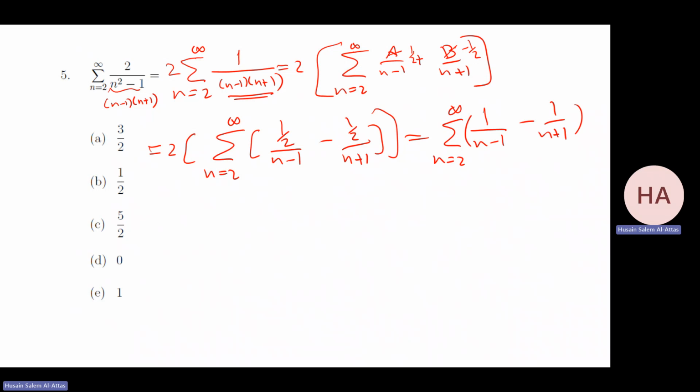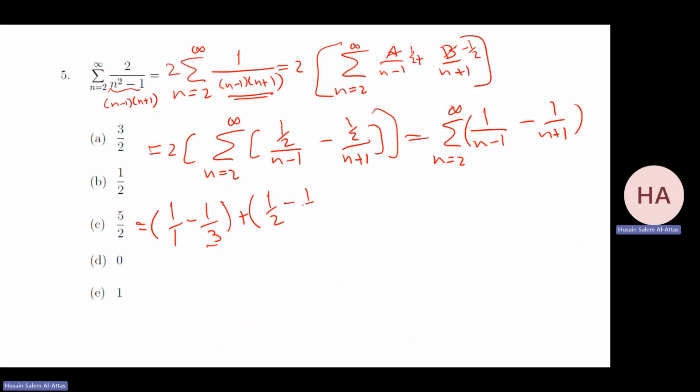Okay. Now let me open it. At n equals 2, I have 1 over 1 minus 1 over 3, plus, now with n equals 3, I have half minus 1 over 4. It's not cancelled, leave it, okay? Let me see what will happen.